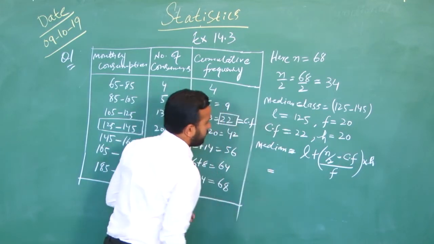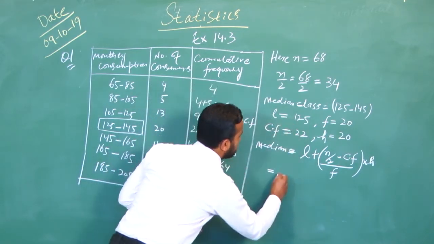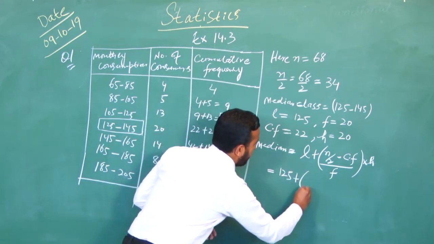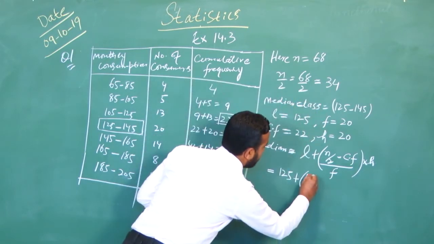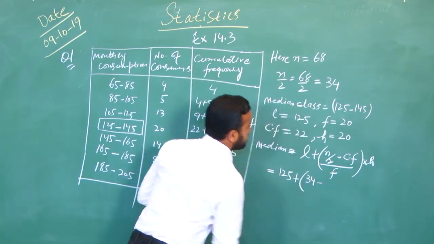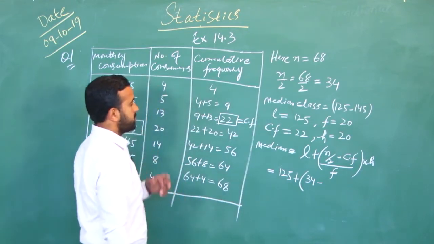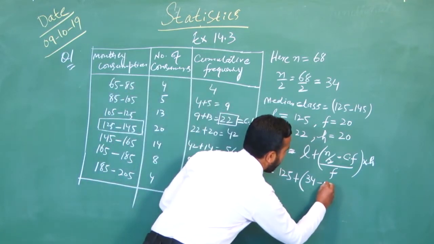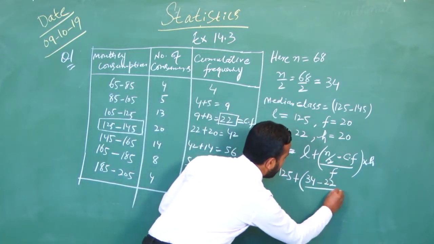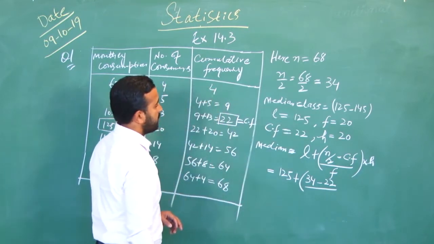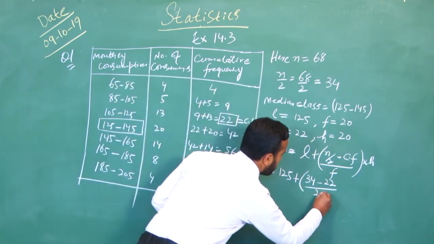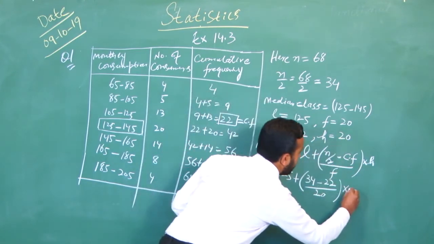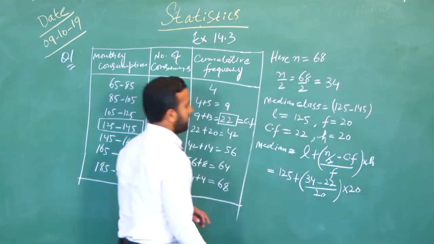And this will be equal to L, the lower limit of the median class, that is 125, plus n by 2, which is here 34, minus the cumulative frequency of the class preceding the median class, that is 22, divided by F, the frequency of that class, that is 20, multiplied by H, the class size, that is 20.